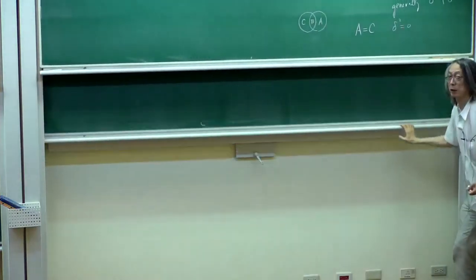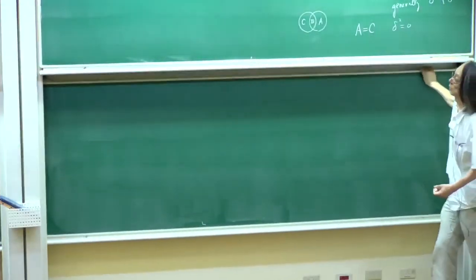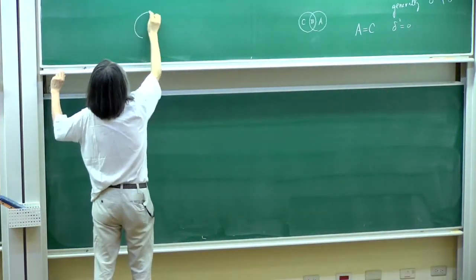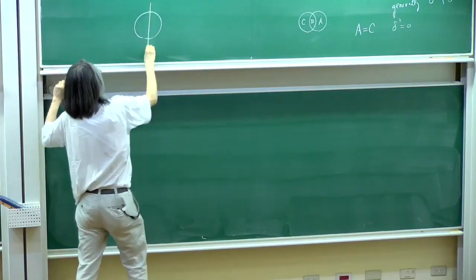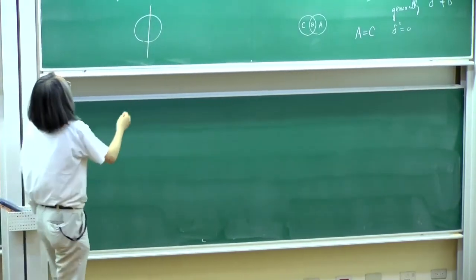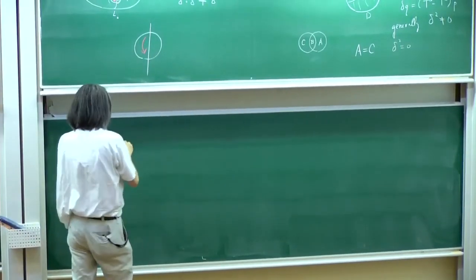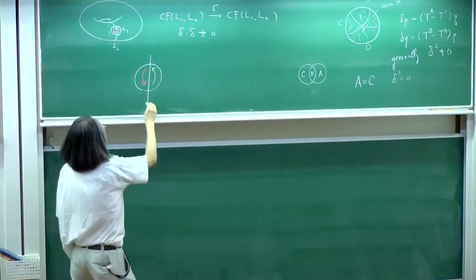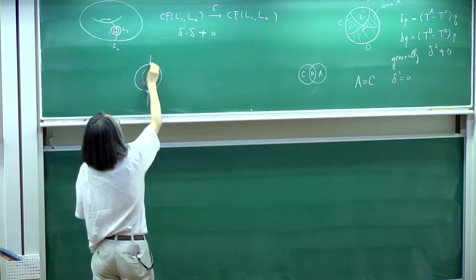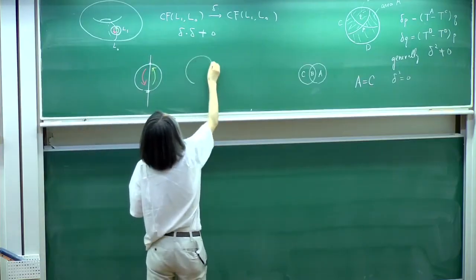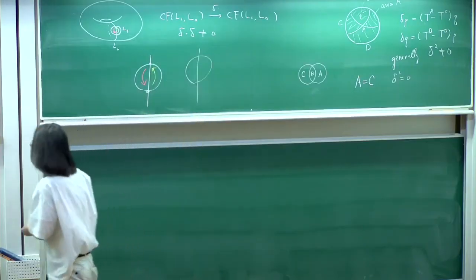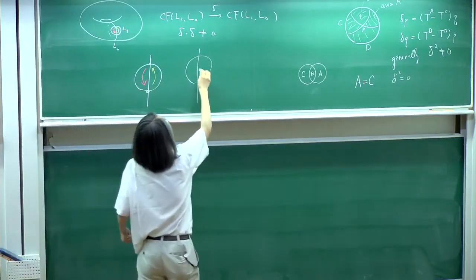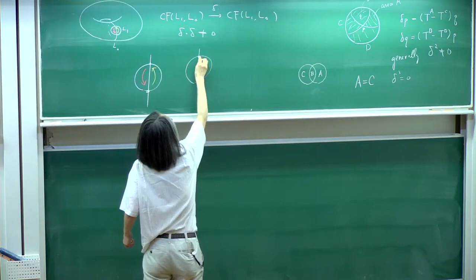But how is this one related to the discussion here? So last time what I said is somehow I have this thing, and then if I have this thing and this thing, right? So this is one of the boundaries of a certain moduli space. I don't know how to write it, but anyway, maybe like this.